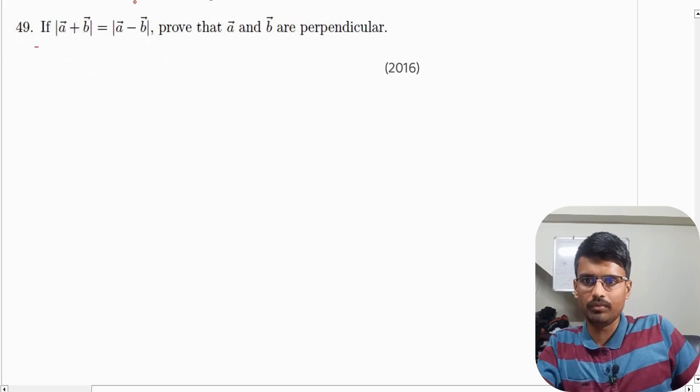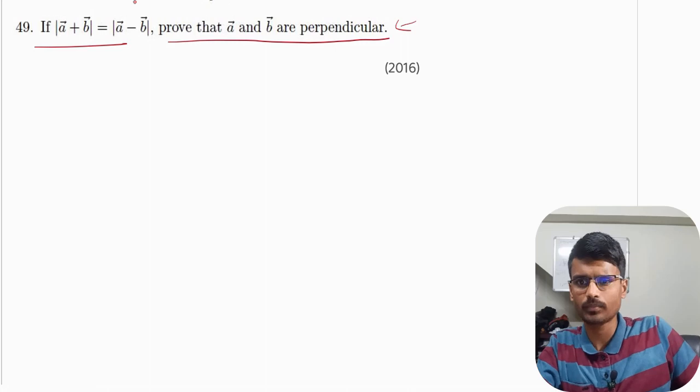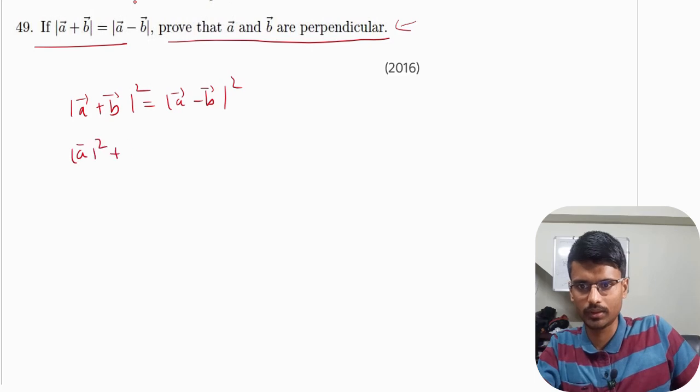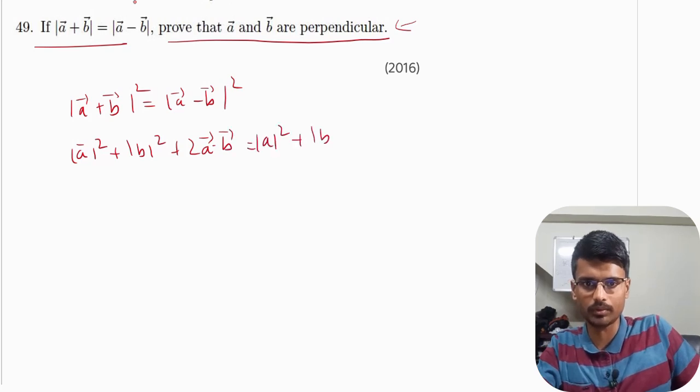Okay. So they have given us this expression. Prove that A and B are perpendicular. Here what we will be doing is squaring on both sides. That is the trick. Squaring on both sides will give us a² + b² + 2a·b on one side and a² + b² − 2a·b on the other. So the a² and b² terms will cancel and we will get 4a·b equal to 0.